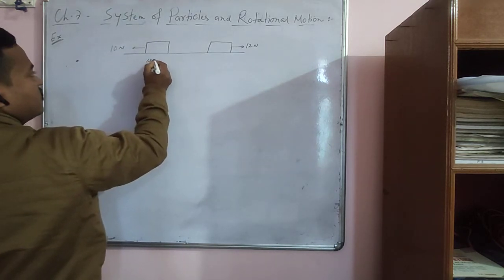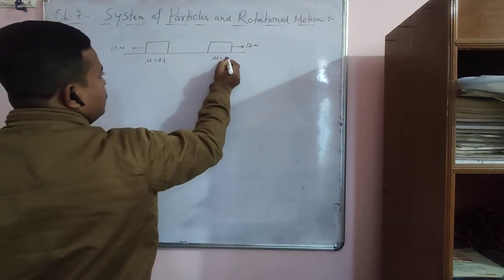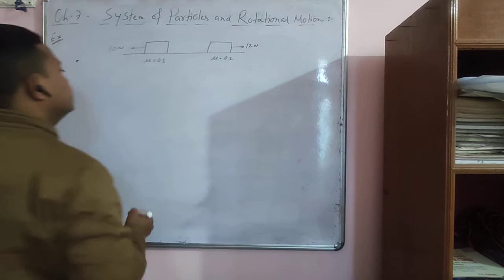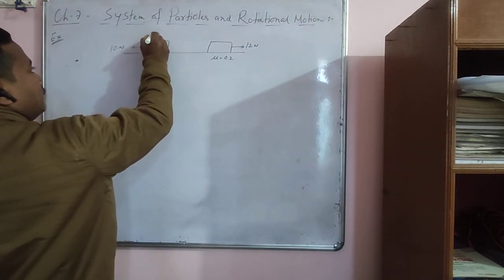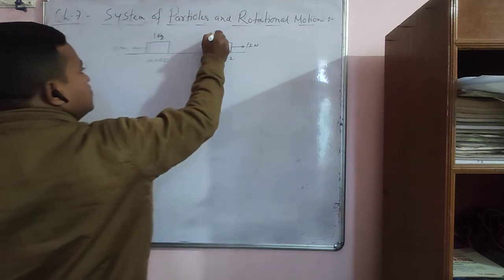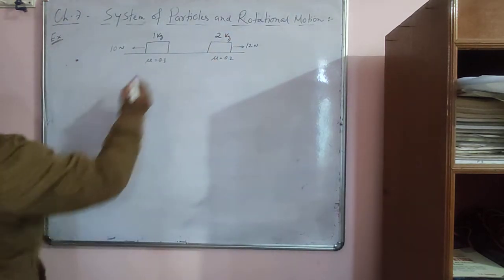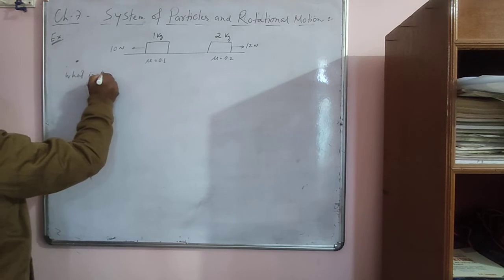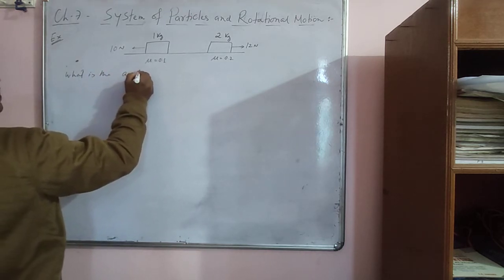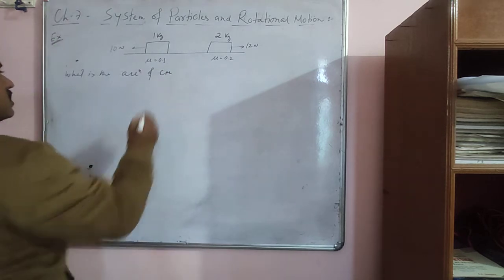Okay, its coefficient of friction here is 0.1, here coefficient of friction suppose 0.2, means there is friction. Its mass suppose is 1 kg, its mass suppose 2 kg. Now you are asked to find what is the acceleration of center of mass. So you have to find the acceleration of center of mass.